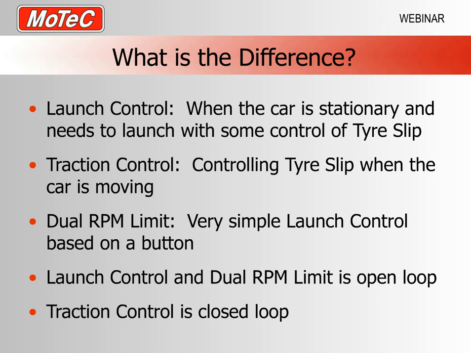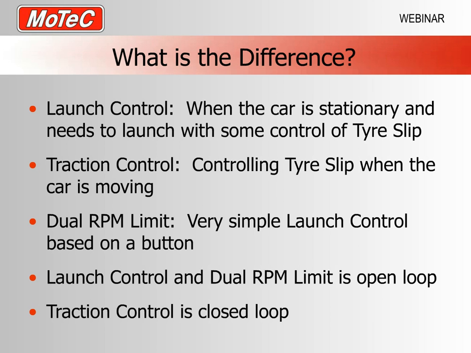If you want to watch my PID webinars, that will give you an idea of the difference between open loop and closed loop. But effectively we're not using any feedback, we're just simply saying at this certain situation give us this amount of RPM. It has no feedback as to what the tyres are actually doing, we're just mapping an RPM based on a launch.